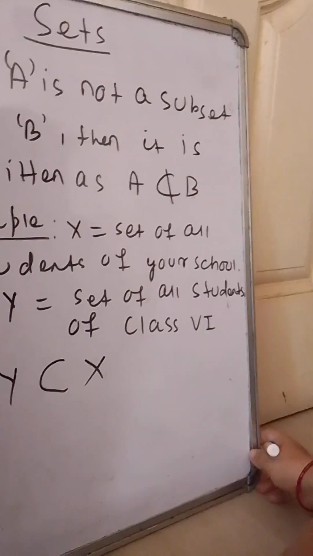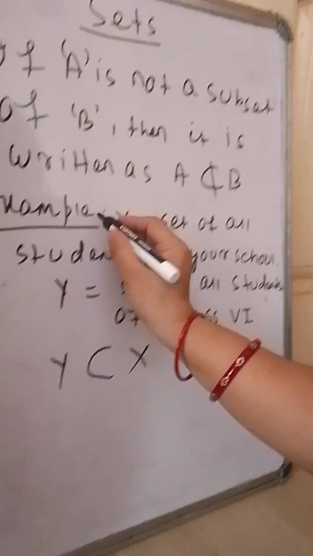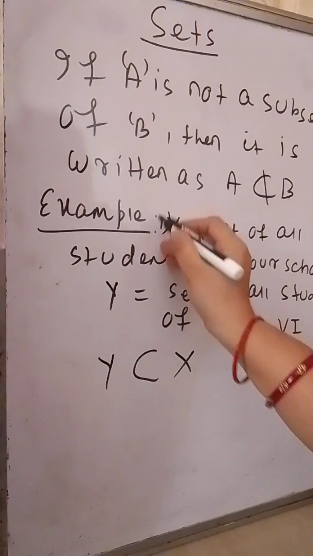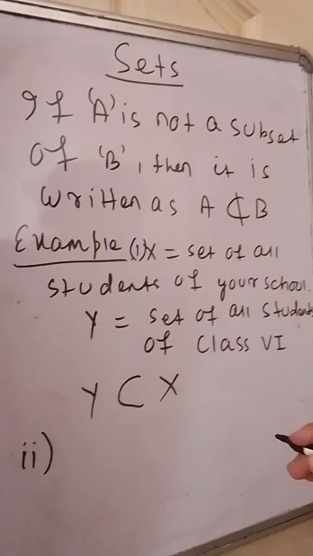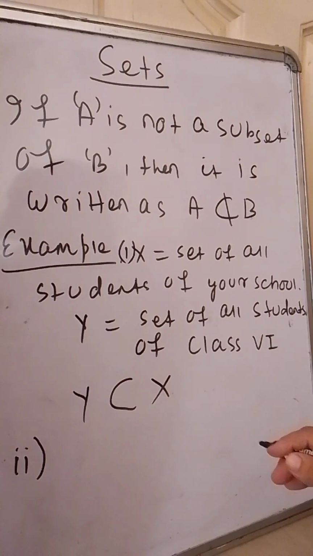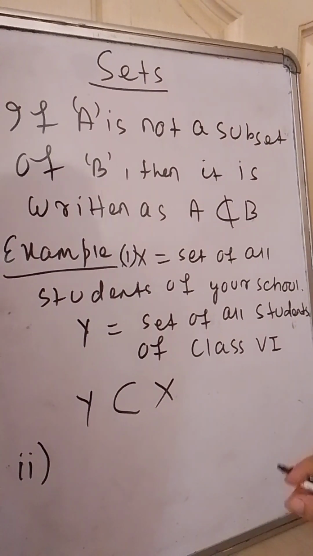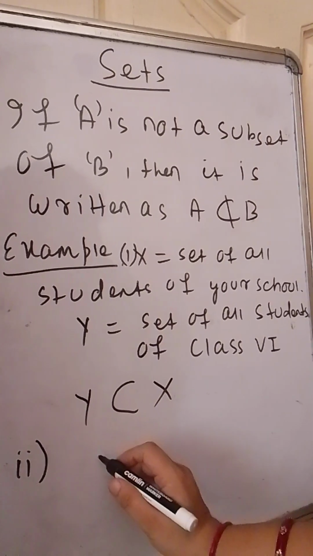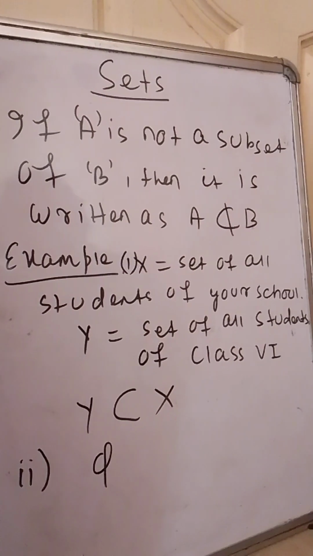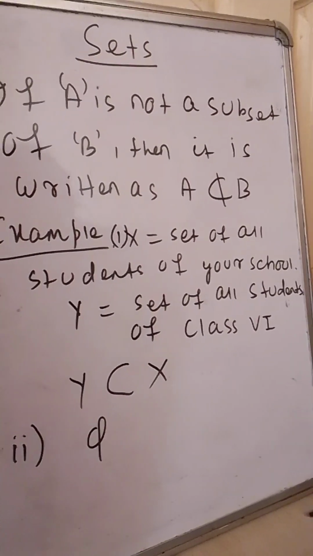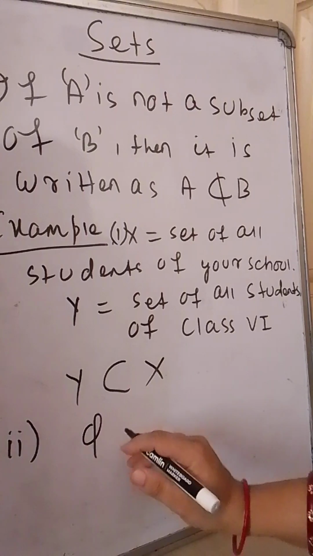Now let us take another example. Example 1. Let us write some sets and you have to find out the sets which are subset of which set. Let us consider first set phi. Phi, as we discussed in the previous class, is an empty set or null set. It has no element.